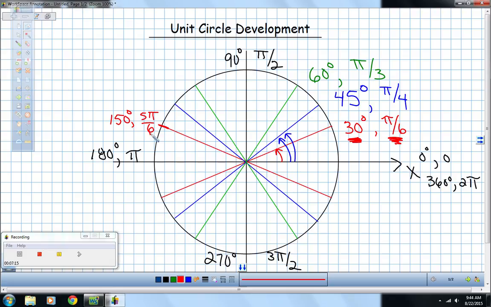If we go to the third quadrant, again the terminal side that is red is 30 degrees or pi over 6 away from the x-axis, which means we've gone 30 degrees past 180, or we are at 210 degrees, or we have just gone pi over 6 past pi, which would be 7 pi over 6.